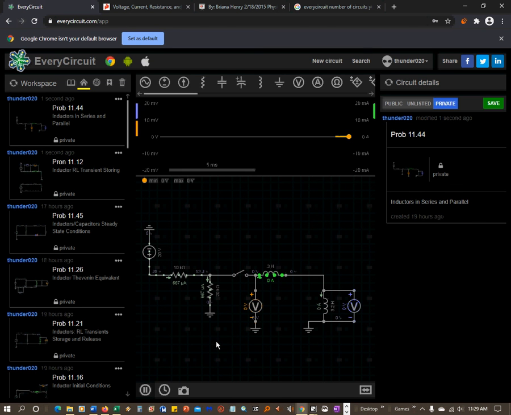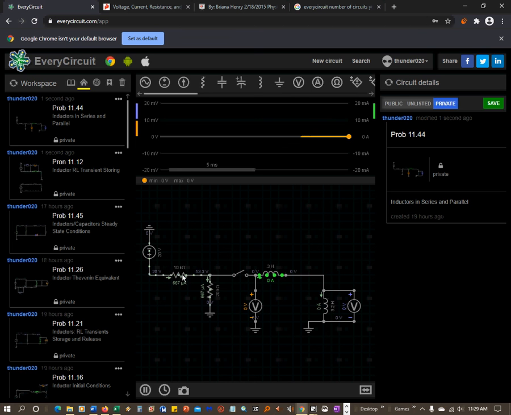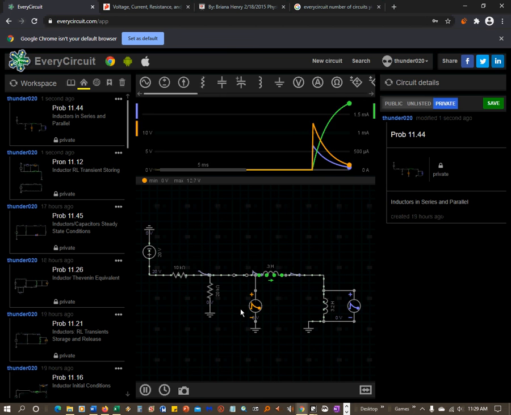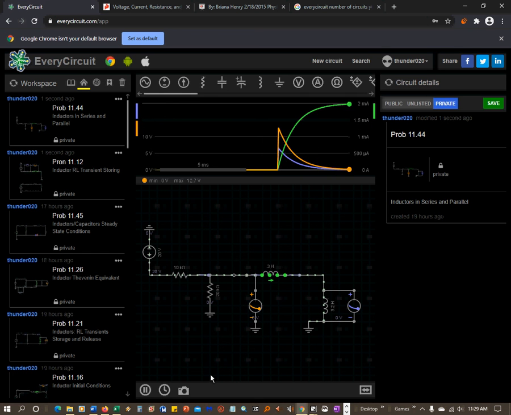So we turn the circuit on. You can see that there's already current flowing through this resistor here because there's a path, and this is a loop. And then we close it like that, and this is what we get. You can see that the current ends up being about 2 milliamps. I'll let it run a little bit longer. So it's 2 milliamps.